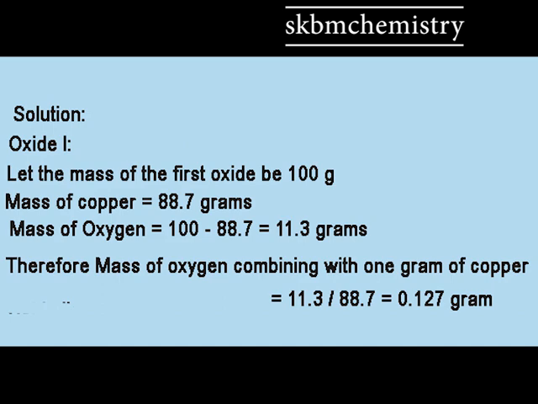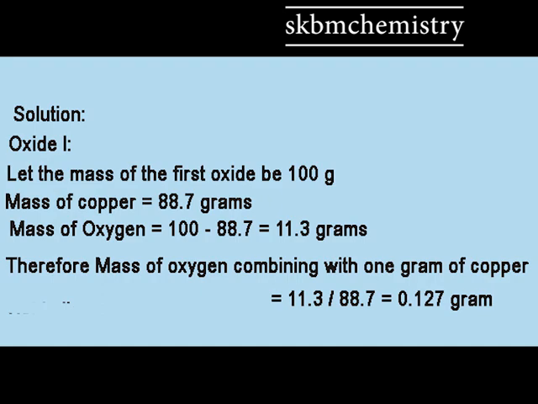From this we have to calculate what is the mass of oxygen combining with 1 gram of copper. That you can get by dividing 11.3 by the mass of copper, that is 88.7. That gives you the result 0.127 gram.